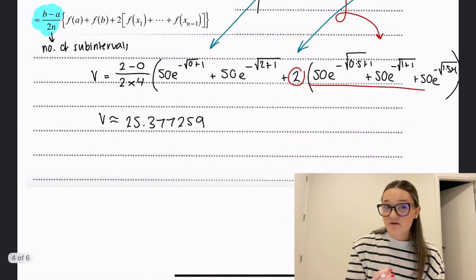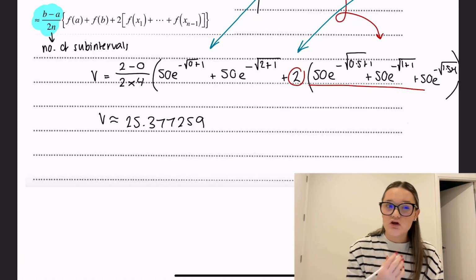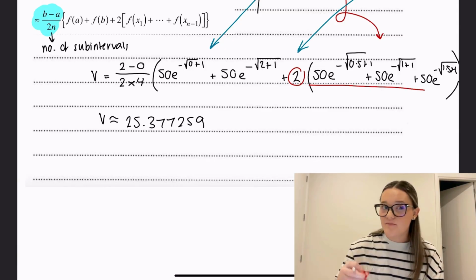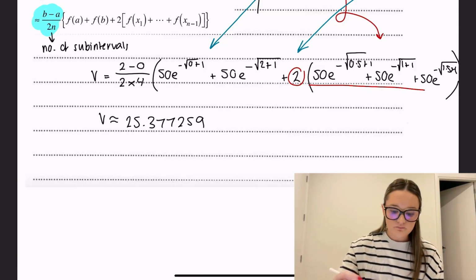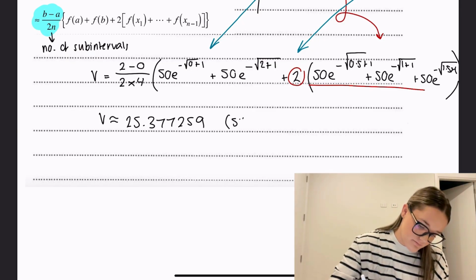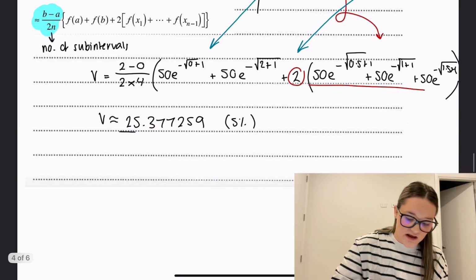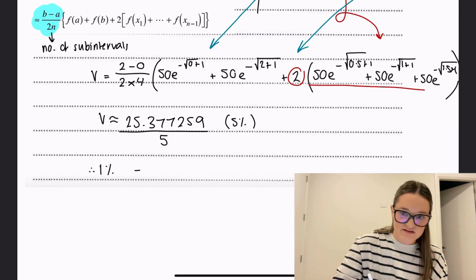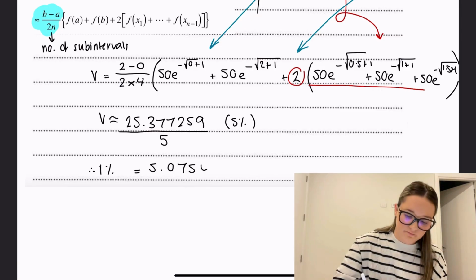So if I want to find out what 100% is, I'm going to use the unitary method, which strips it down to 1%, and then I times it by the amount of units that I want. If this is 5%, to find 1% I need to divide this answer by 5. So 1% of the volume in the tank is going to equal 5.075.